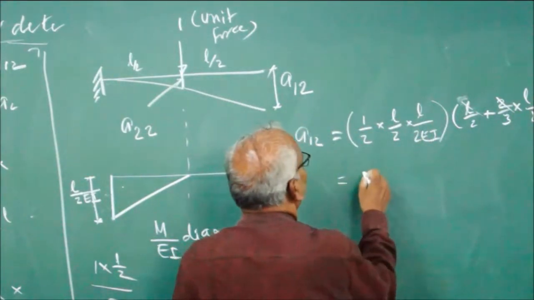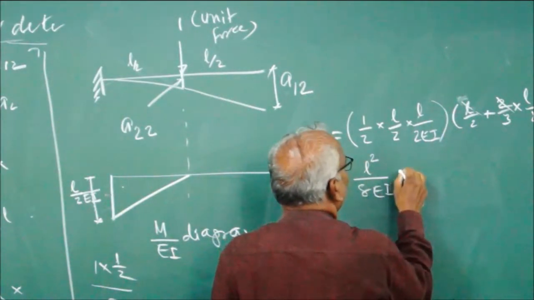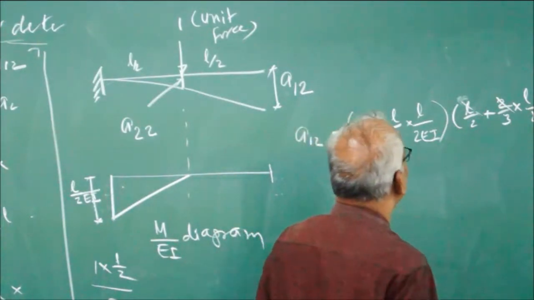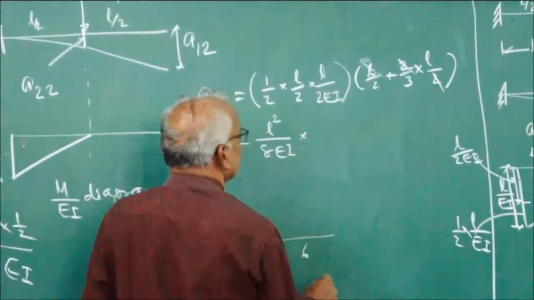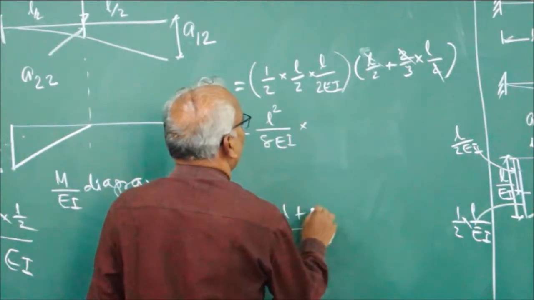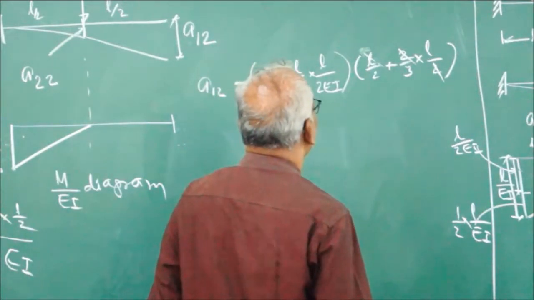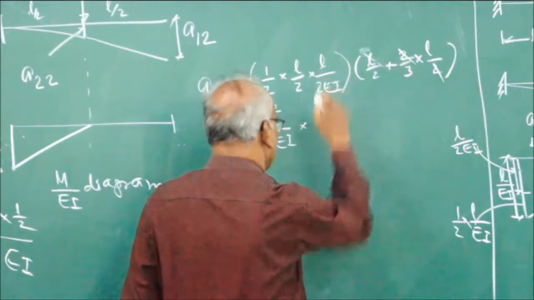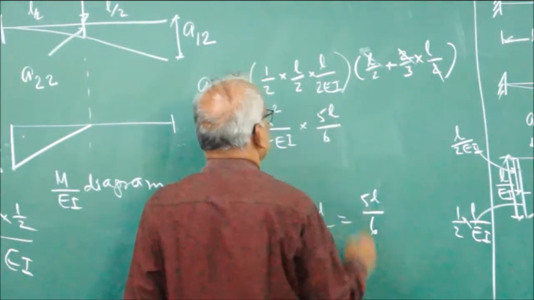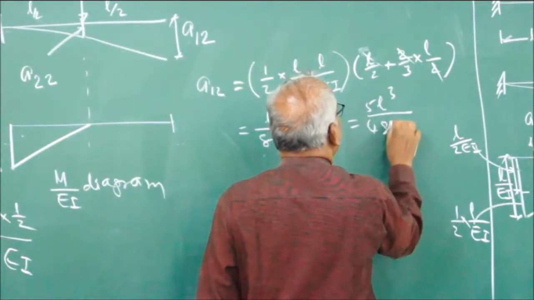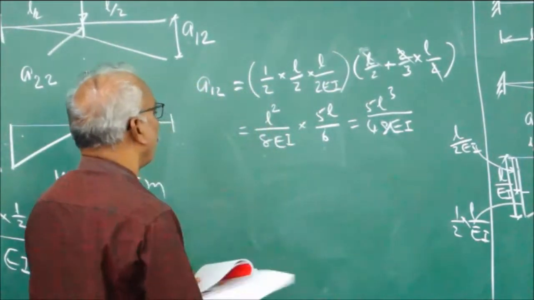This is equal to L square by 8EI into, so L by 2 plus L by 3, which is 3L plus 2L by 6, equal to 5L by 6. So that is A12.